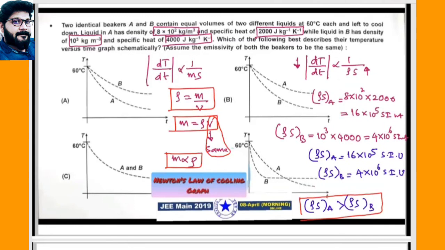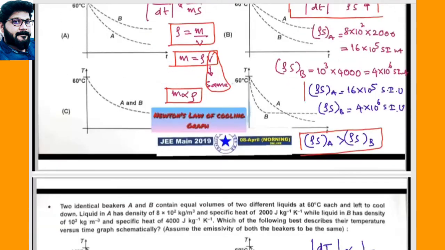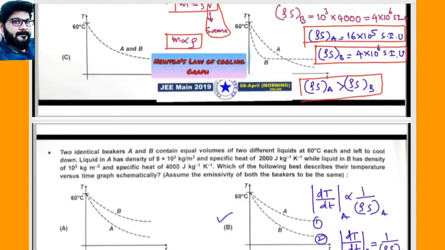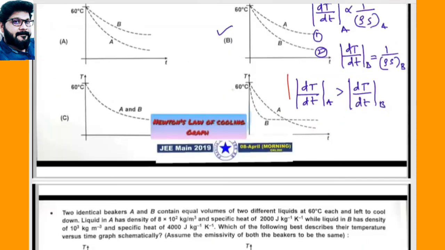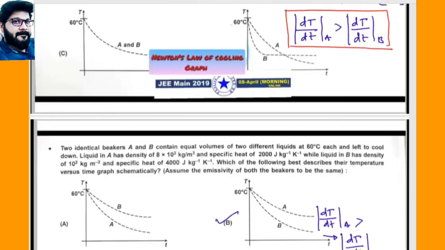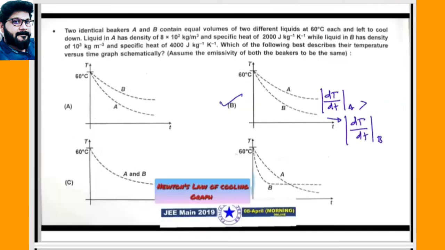From that we derived an equation relating rate of cooling, rho and S. Then we calculated rho into S for the first liquid and for the second liquid, and compared these two. We got rho into S for A is less than rho into S for B. From that, we concluded that the rate of cooling of A is greater than B, which is nothing but the slope. We can see from the graph that it matches with option B. Hope this is clear till this point.